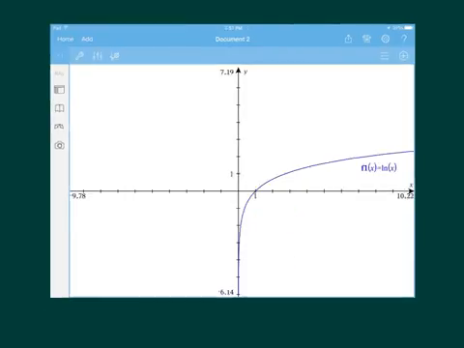Here's ln x. ln x has a big shift for us, because now instead of a horizontal asymptote, it's got a vertical asymptote. And the vertical asymptote is at x equals 0. And our key point is now at (1, 0).